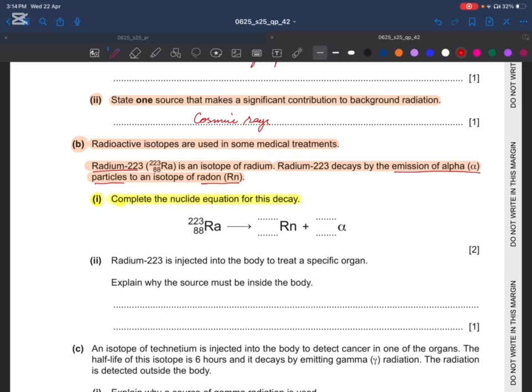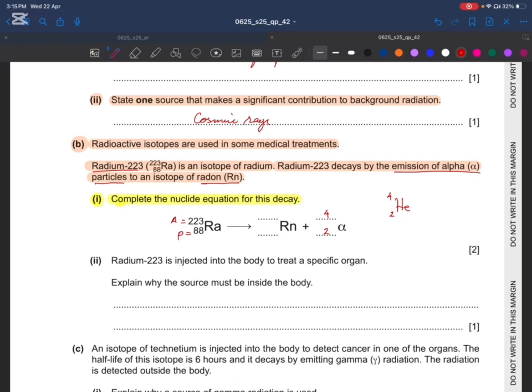You have to remember this is nothing but the nucleon number A, and this is the proton number. As far as the alpha particles are concerned, you know that they are nothing but the nucleus of helium, so we are writing here their A and here the proton number, which is 4 and 2.